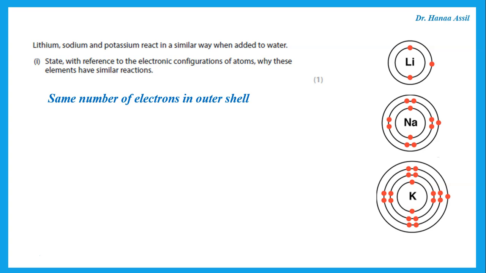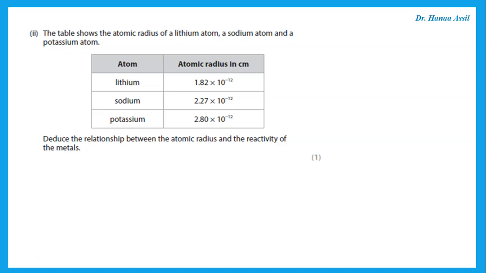Remember that the reactivity, or the types of chemical reactions, has to do with the number of electrons in the outer shell. So everything in group 1 has the same number of electrons in the outer shell, or the same electron configuration. So chemical reactions depend on the number of electrons in the outer shell.